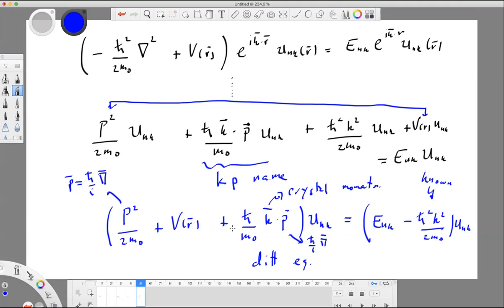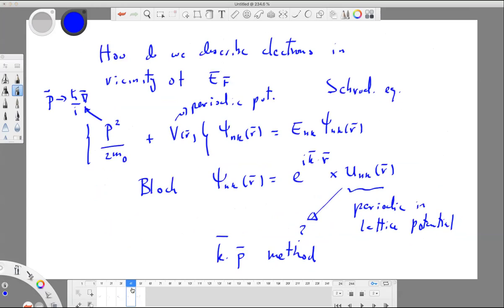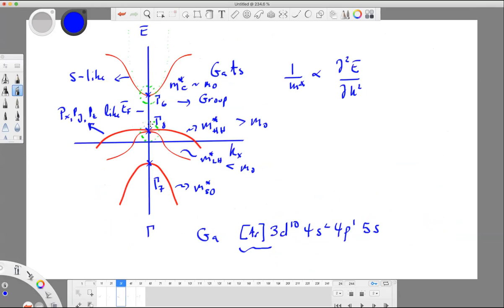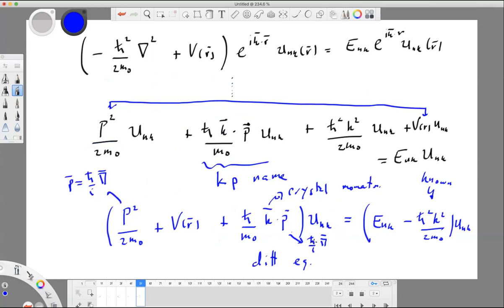Okay, so now, as always with these perturbation problems, we're going to treat this in perturbations. Remember that this K is going to be very close to this point. We're just describing what happens right at the edge where we're going to be extracting electrons and receiving electrons on the other side, on the other band. So K, okay, K is small, let me write it in with another ink.